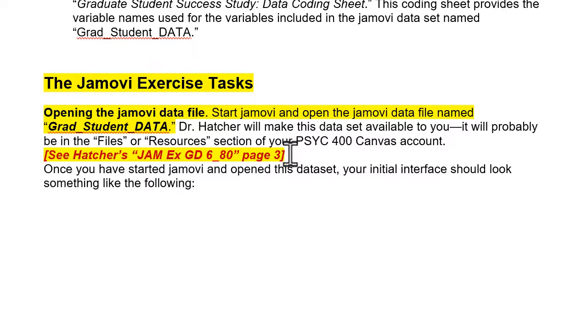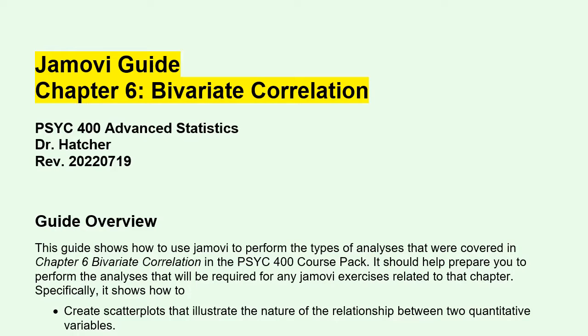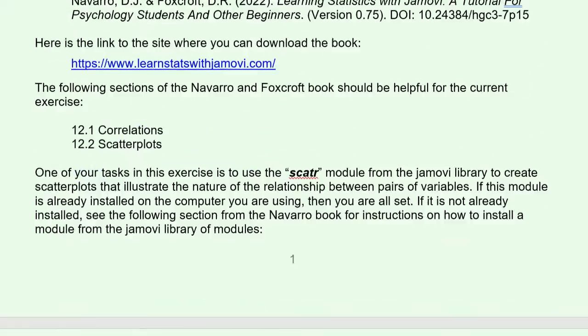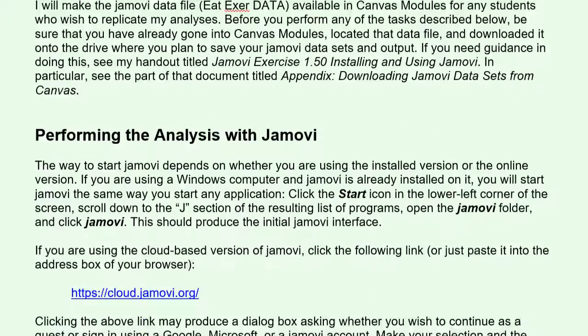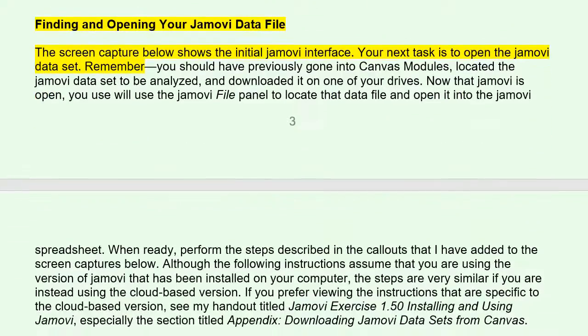It gives you instructions on how to do this in your Jamovi exercise guide on page 3. Let's see if that's true. If we're looking at the green tint document, we're looking at the Jamovi guide for chapter 6. And according to my instructions, I show you how to do this on page 3.